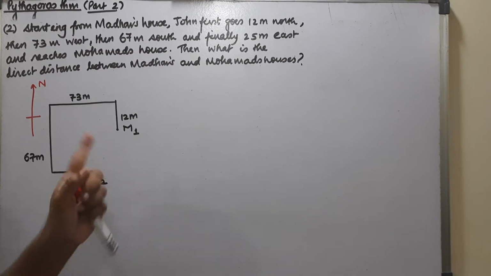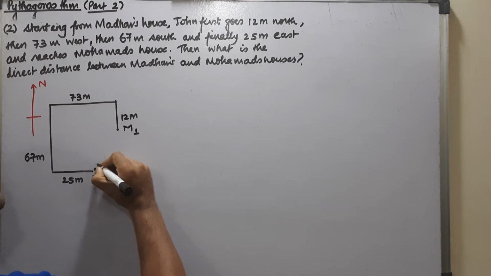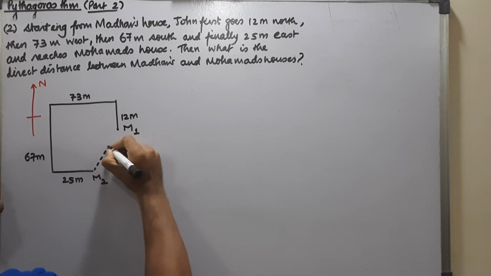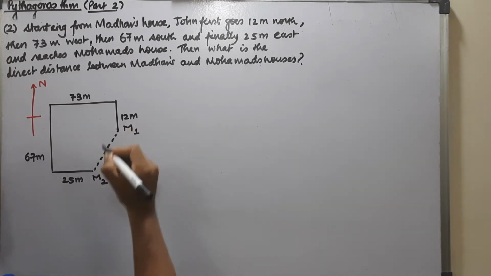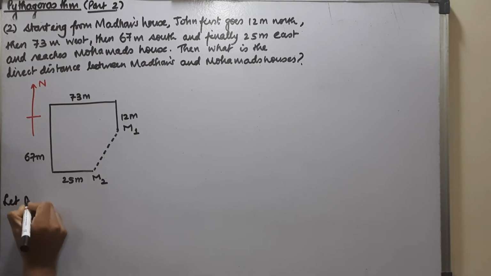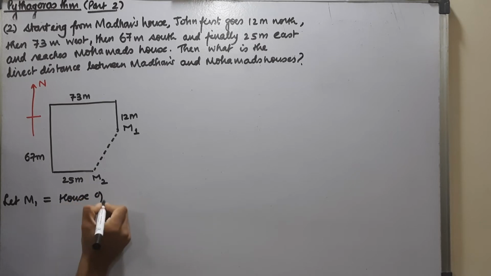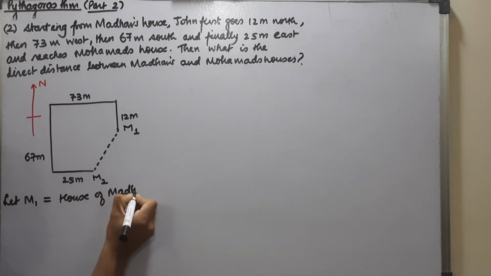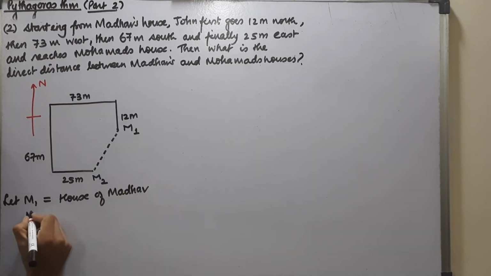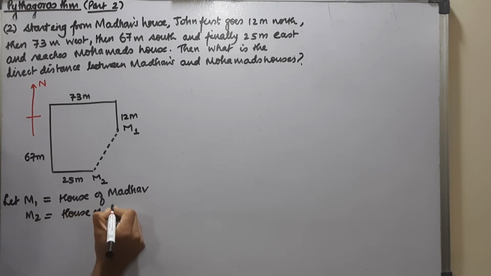Then what is the direct distance between Madhav's and Muhammad's house? The direct distance is obviously this one. Right? So I will write the details of it. Let M1 represent house of Madhav, and M2 represent house of Muhammad.